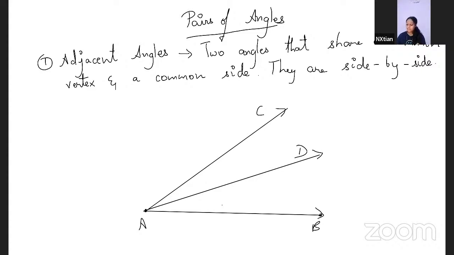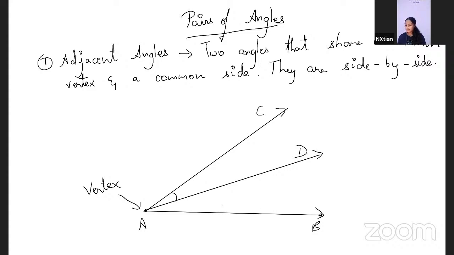Now you can see that all the rays are joined together at the point A. So we are making an angle with the D ray, C ray, and A vertex. This is the vertex. A point is my vertex. And B and D are also originating from the A point.